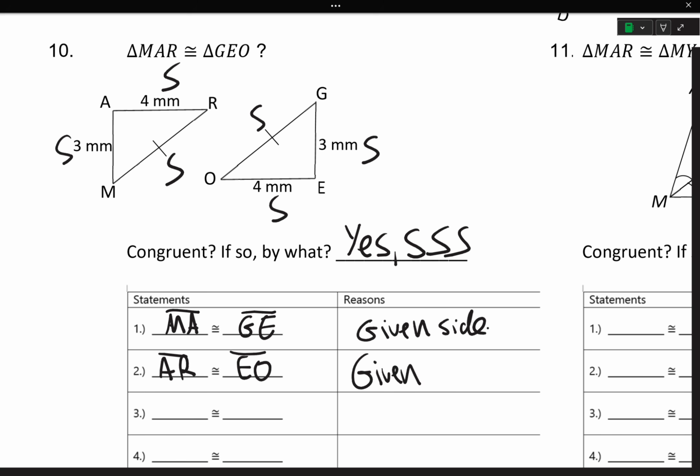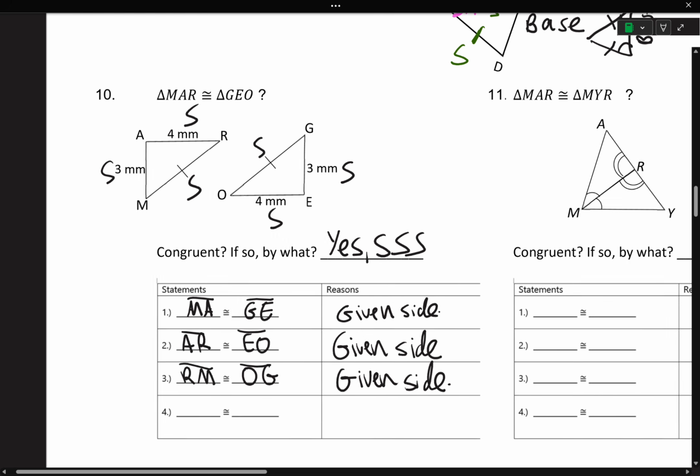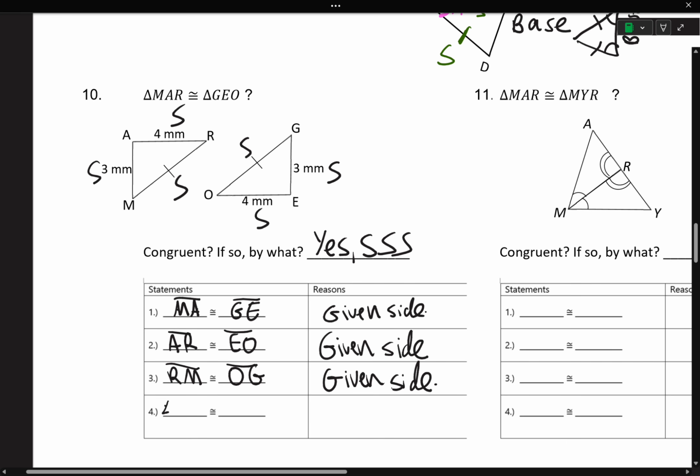Another given side. And lastly, we have that single tick side. RM congruent to OG, yet another given side. So, we can conclude that triangle MAR is in fact congruent to triangle GEO by side, side, side.